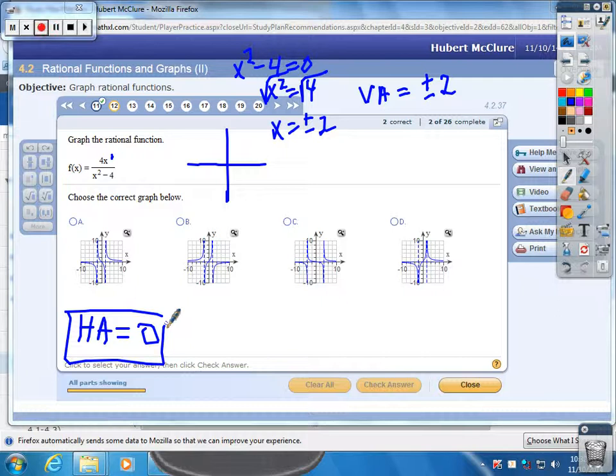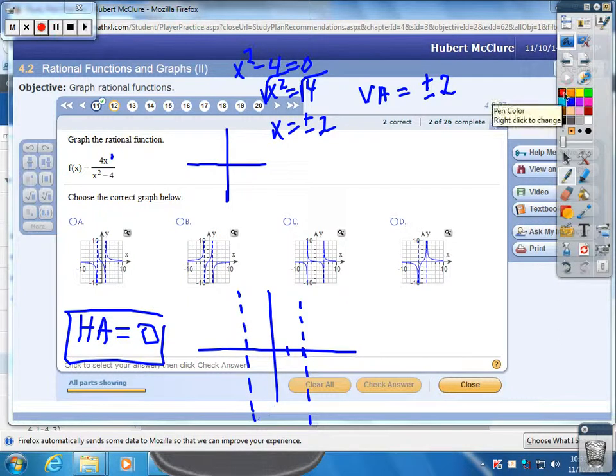Okay, so I'm going to draw a sketch. All right, vertical asymptote, positive 2, negative 2, and we got horizontal, I'm going to put a red line. And that's what it looks like. So, let's say we have no idea what the problem looks like as far as graph. Let's see if we can find where all of these match.